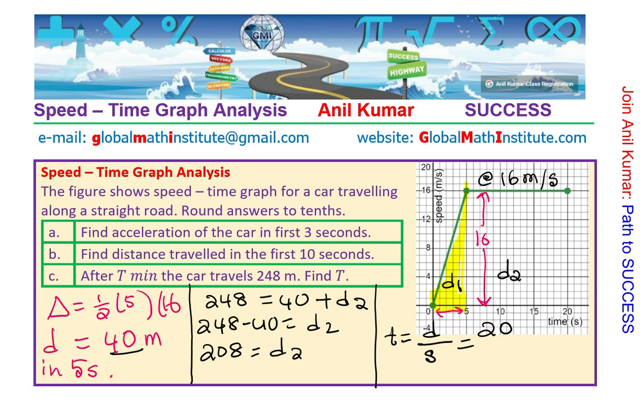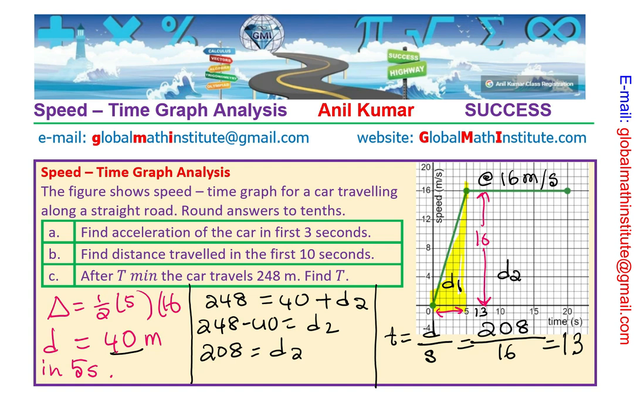Distance we want, 208, divided by the speed of 16, correct? So that will give us the time which we are looking for, but this is going to be in seconds. So 16 goes one time and 48 is 3. So we want 13 more seconds, right?